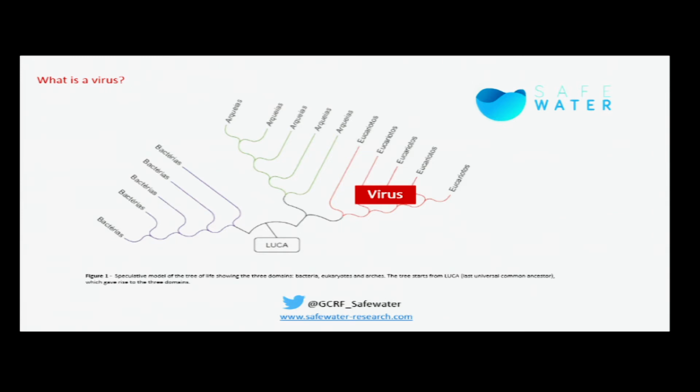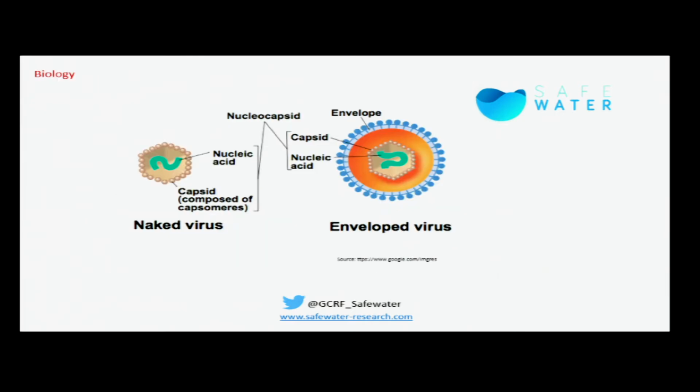The virus which infects eukaryotes, which means the virus which infects humans and animals, is called virus. But the virus which infects virus and bacteria are called bacteriophages. And we are focused on it because it's what we are using in the SafeWater project.